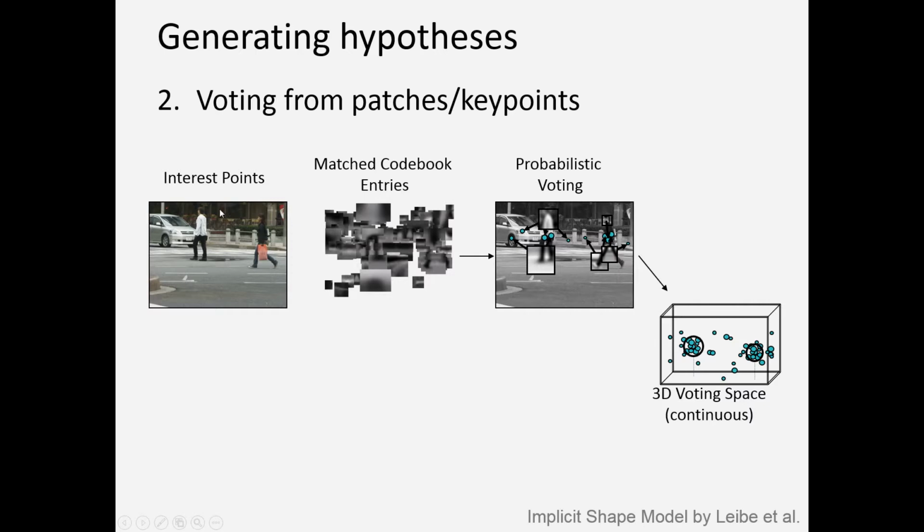So this will be a more general description here. You can find the key points, and then match them against the codebooks. If you don't just have one book or one object you're looking for, maybe you have several different objects, then you match with the key points of all the objects you're interested in.